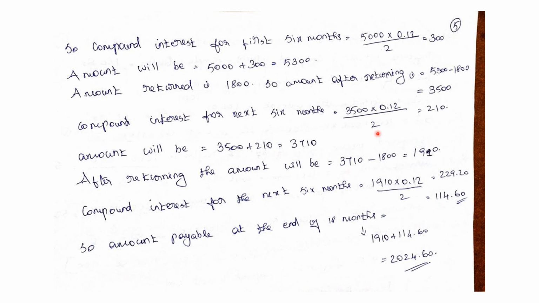So we'll get 210. Amount will be 3,500 plus 210 is equal to 3,710. After returning 1,800, you just write 1,800 here.